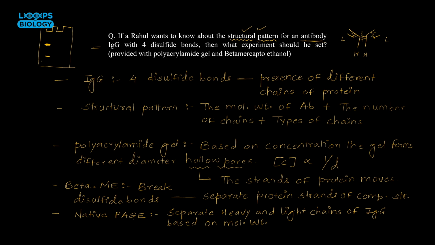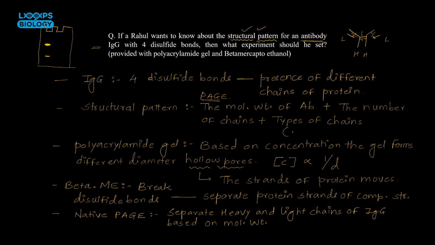So if there are two bands, we can at least interpret that IgG antibody will have one heavy strand present inside it and one light strand. So basically there are two types of chains present inside a complete structure. Now if we have to go for a number, then we can estimate that number based on intensity of band. So molecular weight, we can do using PAGE.